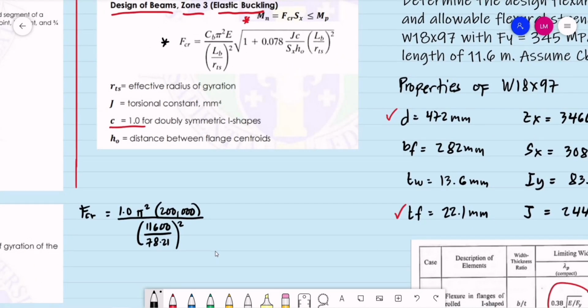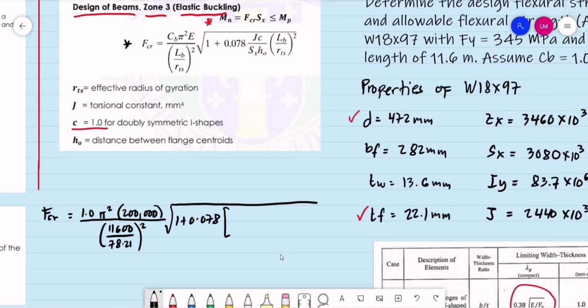And then to be multiplied by the square root of 1 plus 0.078, then to be multiplied by the quantity, the value of J. We have that as 2,440 times 10 raised to 3. Then the value of c is simply 1. Then divided by S sub x is 3080 times 10 raised to 3.